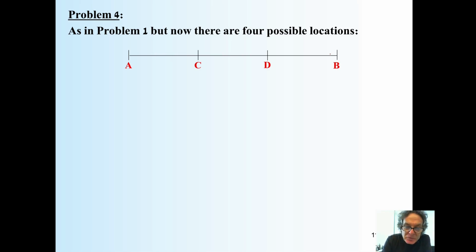By the way, the assumption here is that I cannot be located anywhere else, only at these 4 possible locations. Why not everywhere? It's difficult to solve, but we'll give you one example of where I can locate myself anywhere on the interval AB.